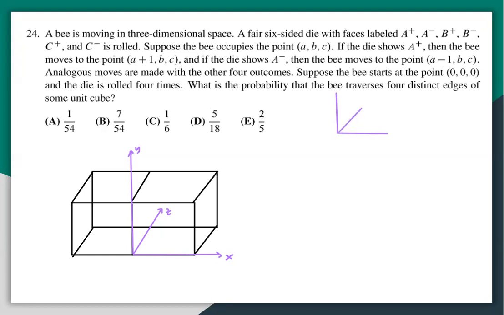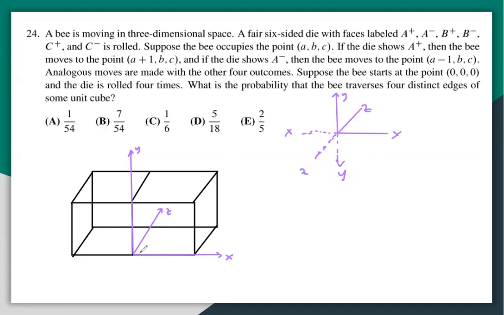Then we can have just the opposite of those, so we can draw the other sides: this is y, this is x, and this is z as well. So this is the xyz plane, just remember that.